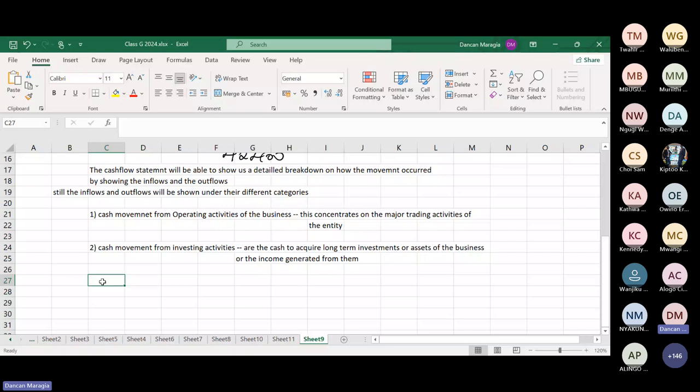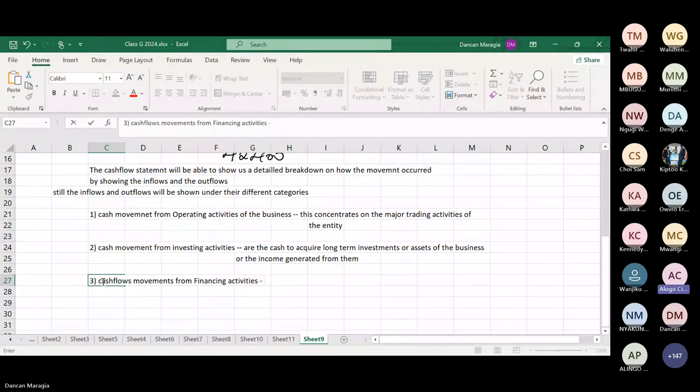Then we will have cash flow movement from financing activities. This one looks at the long-term sources of finance of a business.